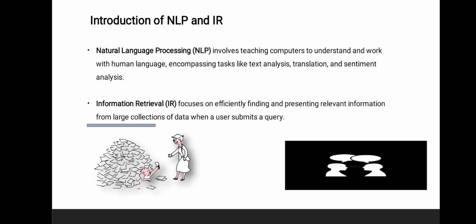NLP stands for natural language processing. It involves techniques for teaching computers to understand and work with human language. As we know, our region and our culture change with the language. Every region has its specific language.